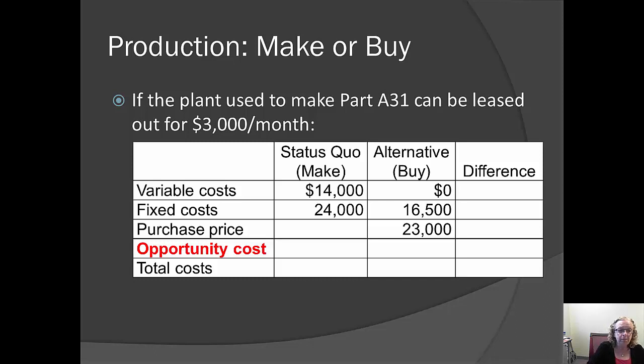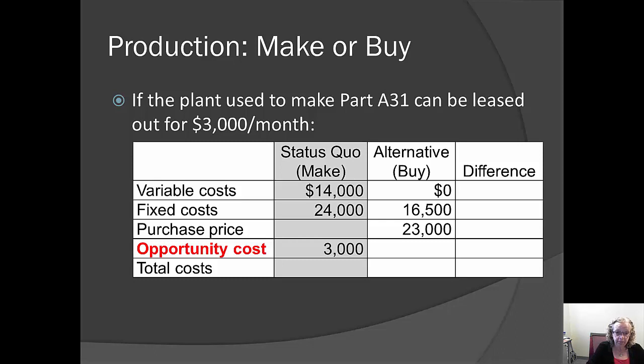That is, by choosing to continue to make the part, the firm has to give up $3,000 a month in rent.